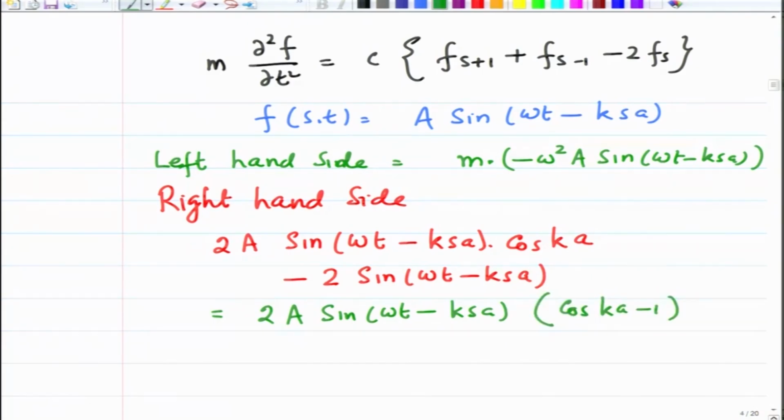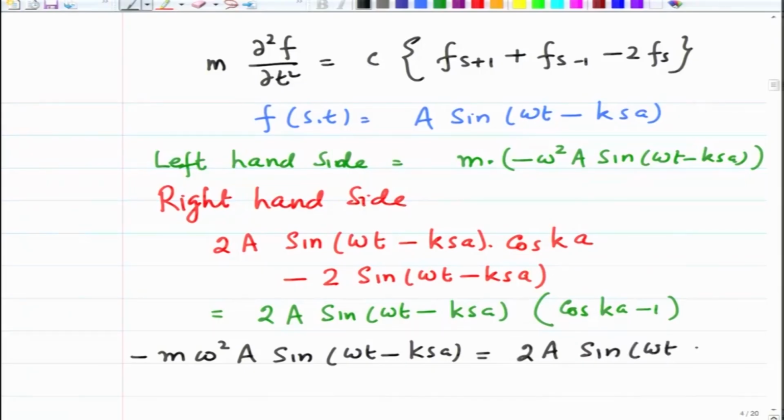Equating the two sides of the equation, we now get minus m omega square A sine of omega t minus k S A is equal to 2A sine of omega t minus k S A times cosine of k A minus 1, and this would give me a relationship between omega and k.